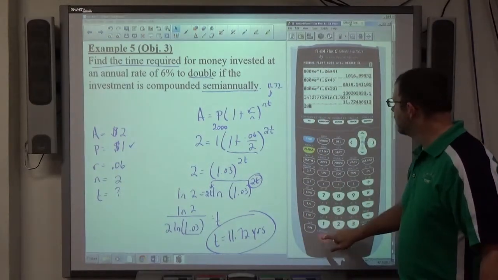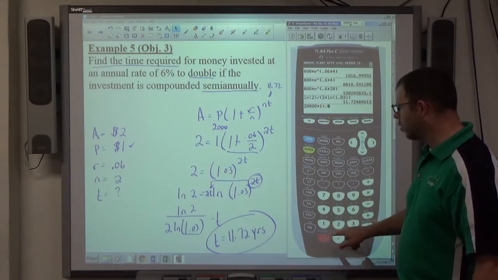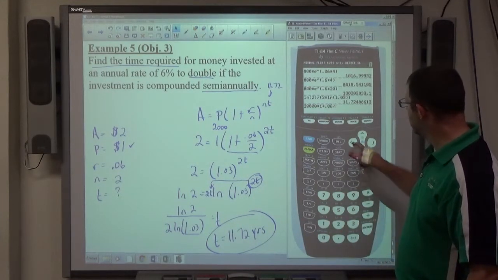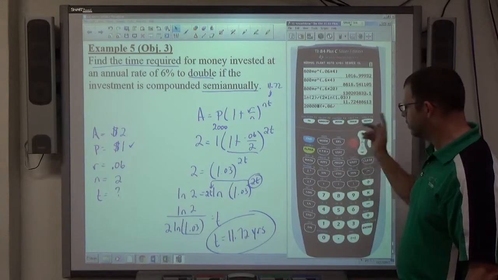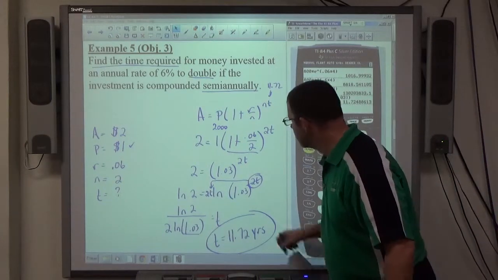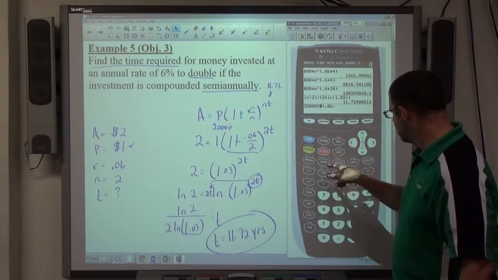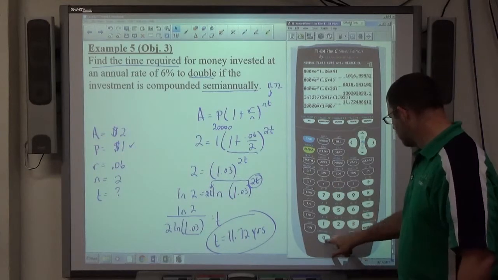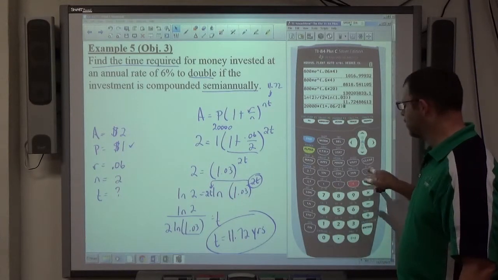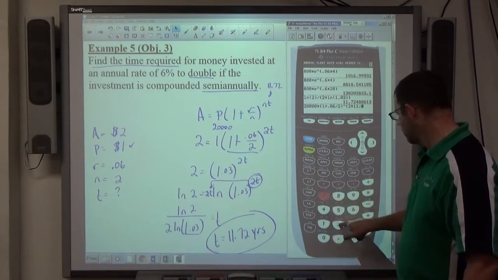So 20,000 times parentheses, 1 plus 0.06 divided by 2 in parentheses, caret 2 times 11.72.